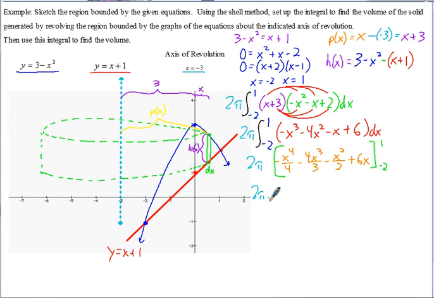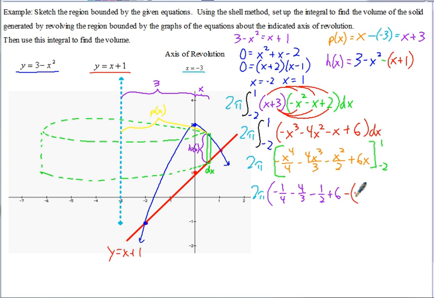Now when we substitute those in, you substitute in the 1, you get -1/4 minus 4/3 minus 1/2 plus 6, minus, we substitute the -2. Well, -2 to the 4th is 16 divided by 4 is 4.